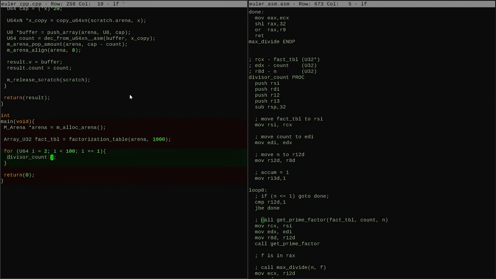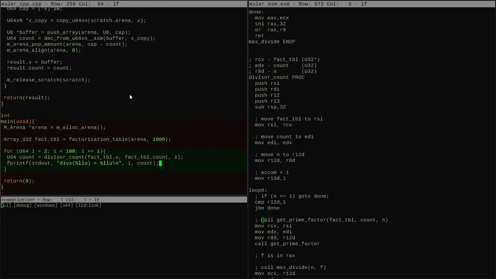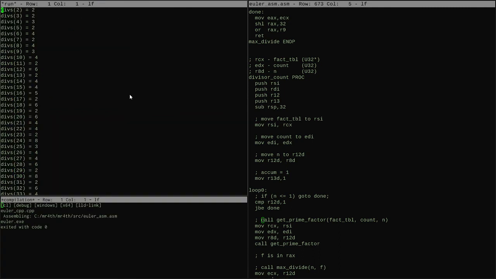Divisor count, fact table, v, fact table count, I, count. There we go. Okay.